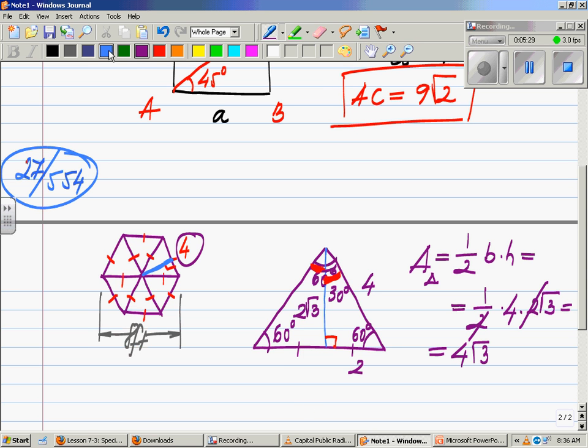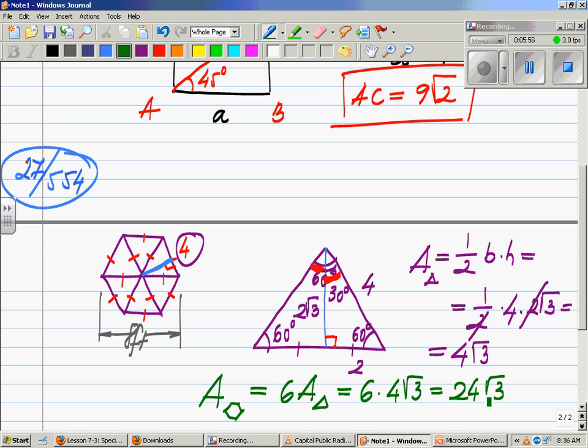And if you have to calculate the area of your hexagon, what will be the area of that hexagon, knowing that you have 6 triangles of this area? It will be 6 times the area of the triangle, which equals 6 times 4 square root 3, and that will be 24 square root 3.